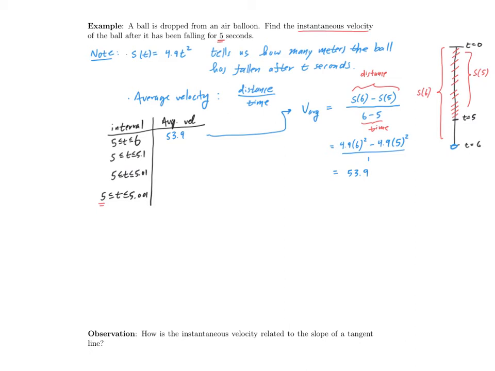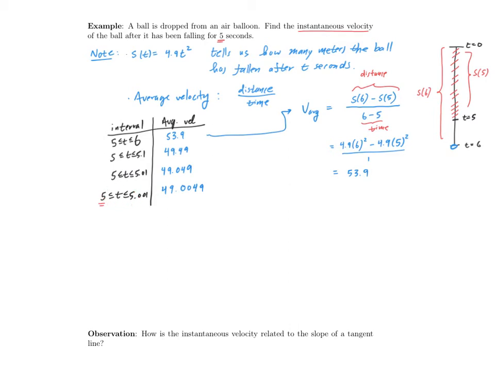And then if we were to do these computations over and over again, we would have 49.49, 49.049, and if we did it on this last interval, 49.0049.